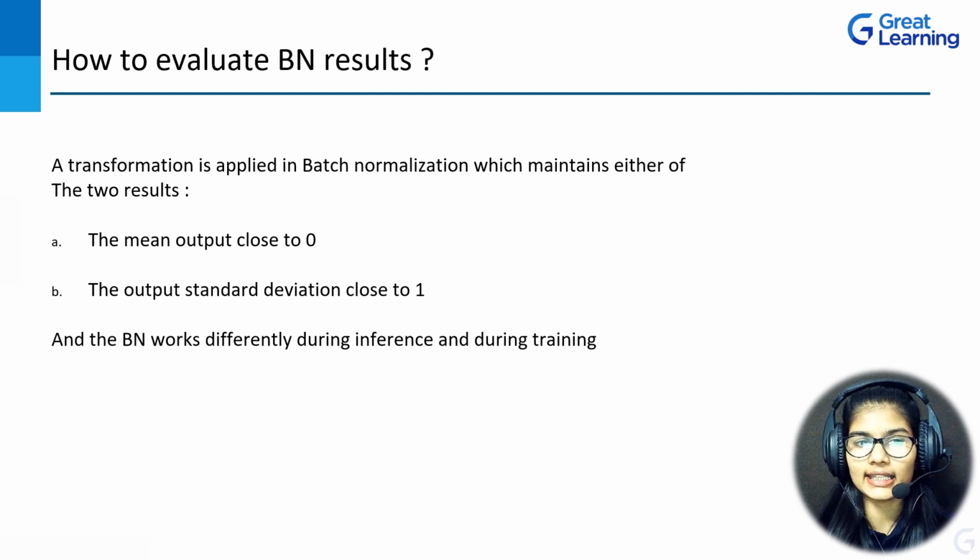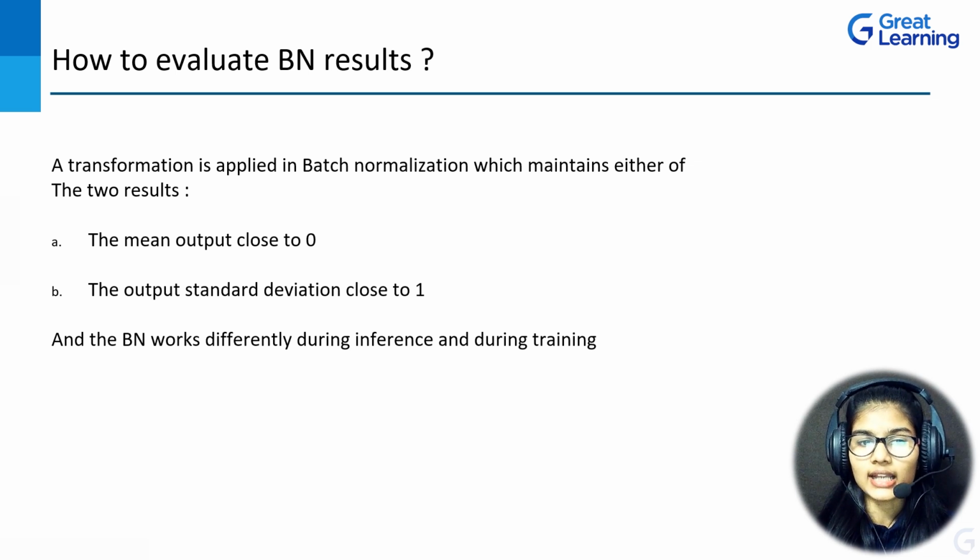So that is the very first case when you apply the transformation in batch normalization: the mean output which you get shall be close to 0. Again, when we were dealing with how batch normalization works, I told you that after the subtraction, it is divided by the mini batch standard deviation.